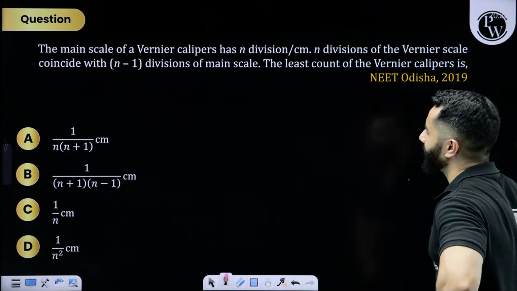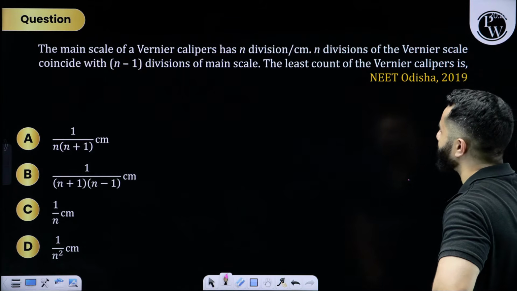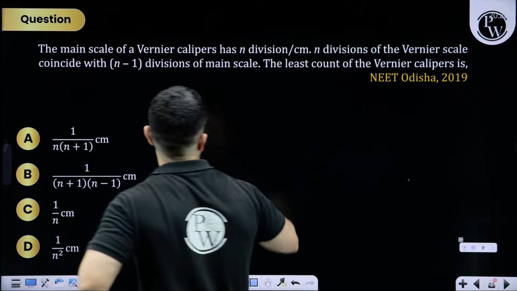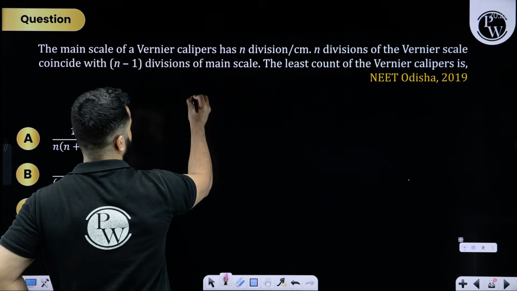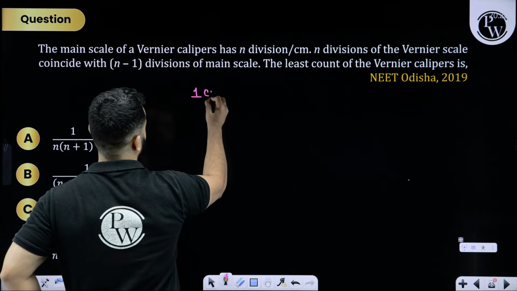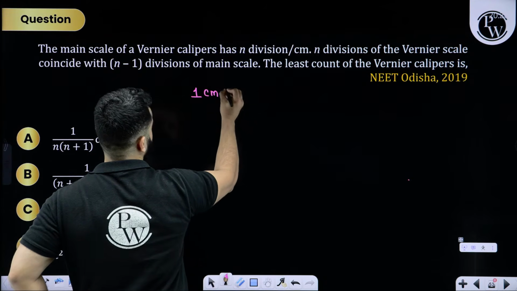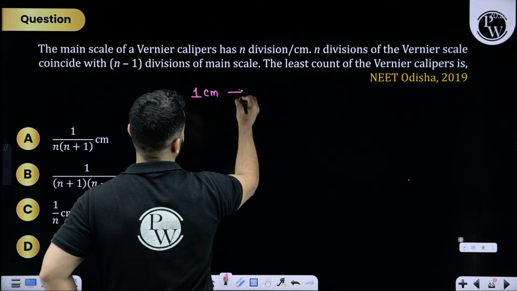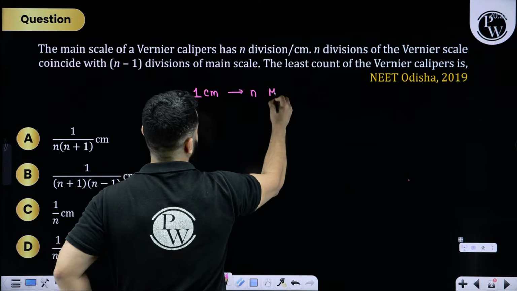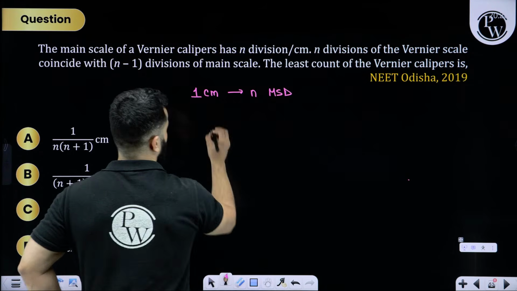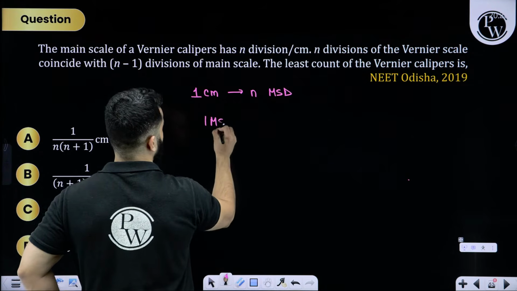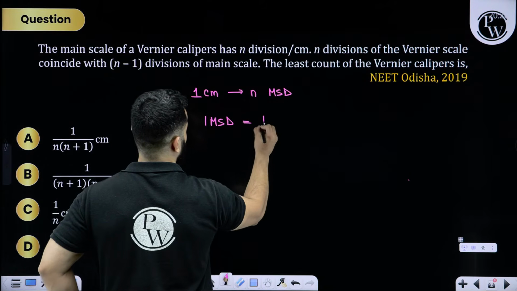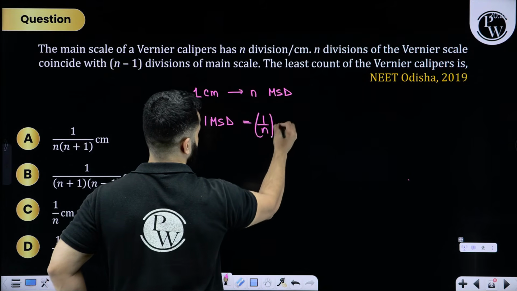Next, the main scale of a vernier caliper has n divisions per centimeter. This means that in 1 centimeter of the main scale you have got n main scale divisions. So one main scale division will be 1 by n centimeter.